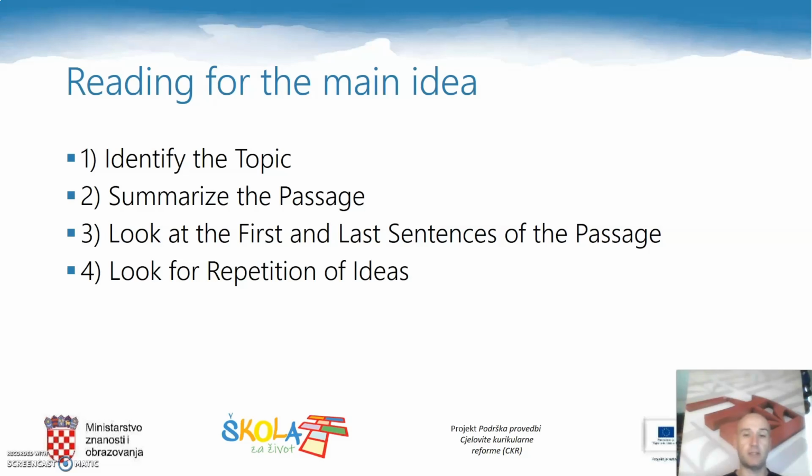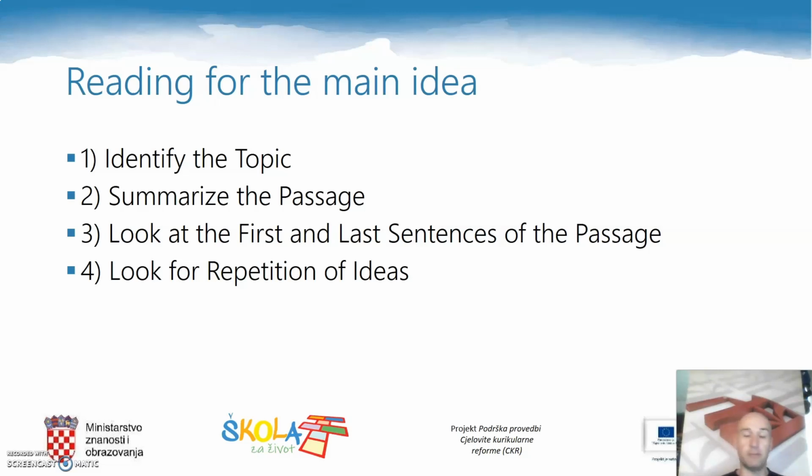This is a place where the writer usually puts in the main idea. Or we can look for the repetition of ideas, meaning the words which are often repeated in the text. I suggest for this reading that you underline some of the words that might help you finding the main idea.